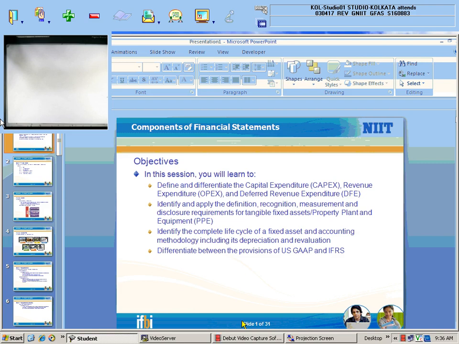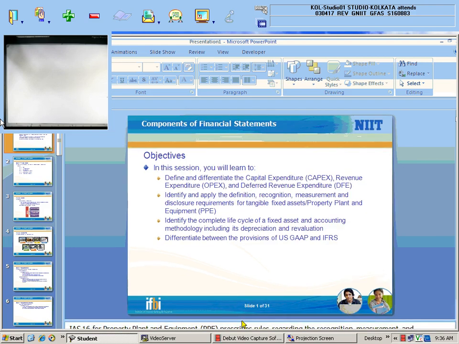So we will talk about two models, the cost model and the revaluation model. And lastly, we will differentiate between the provisions of US GAAP and IFRS.